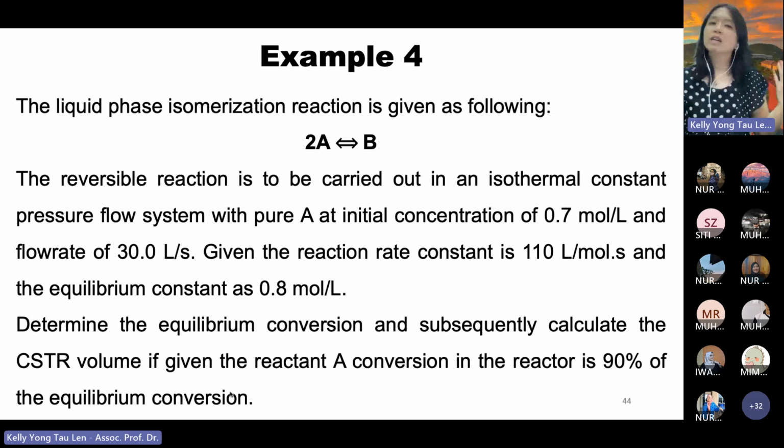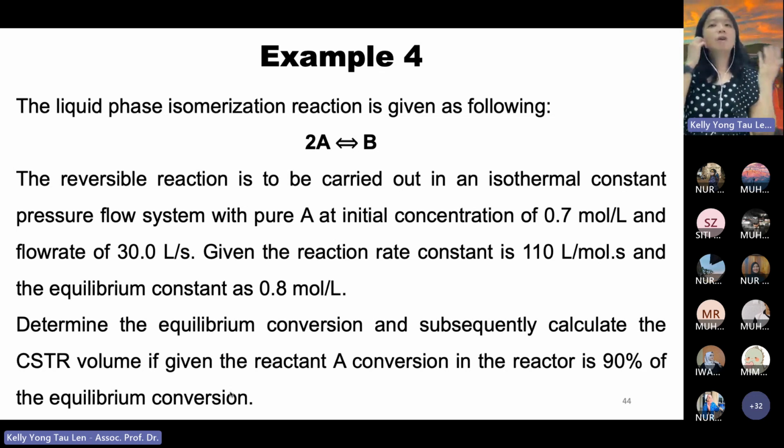We will use a conversion before it reaches equilibrium. So in this question, we must first know what the equilibrium conversion is, to make sure our reactor is at a conversion that has not yet reached equilibrium. So the question says, first find XE and then design your reactor at a conversion that is 90% of your equilibrium conversion. It means, say when you calculate your equilibrium conversion it is 80%, 0.8. So XE is 0.8, but your X will be 90% of that 0.8. So you multiply 0.9 times 0.8, and that will be your X.